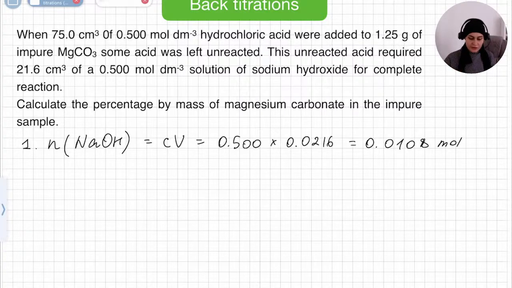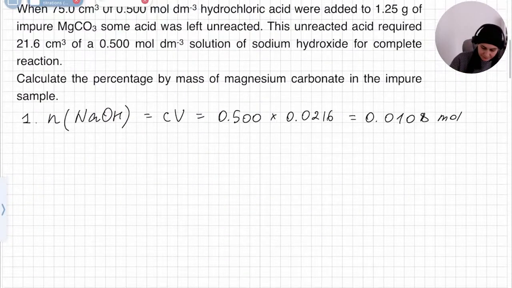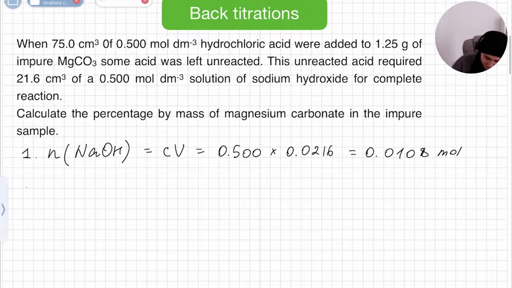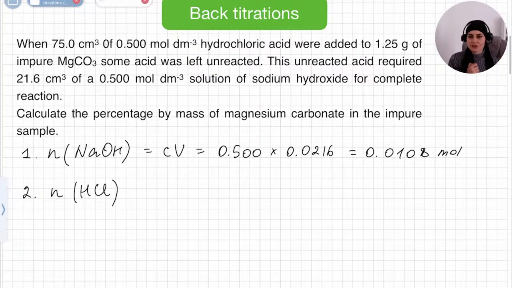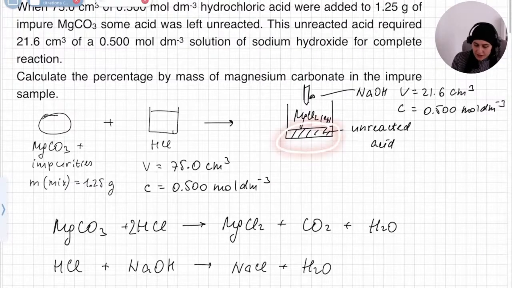Now what do we know? Remember that in the titration, HCl and NaOH react in a 1-to-1 ratio, which means that the amount of moles of HCl that reacted with NaOH was the same as NaOH. So, second step, we know the moles of HCl, and what is this HCl? It's the HCl that was left over after it reacted with magnesium carbonate.